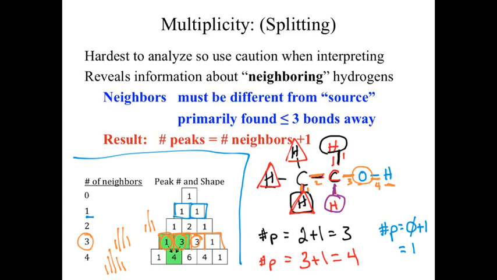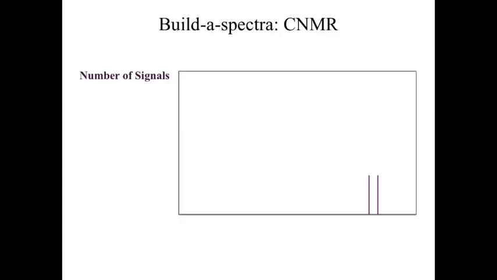That might be a bit high. 6 or 7 neighbors, and in that case, we have so many different hydrogens that it becomes very difficult to interpret each of these individual little peaks. Again, one of the reasons why multiplicity is more difficult to evaluate and interpret.